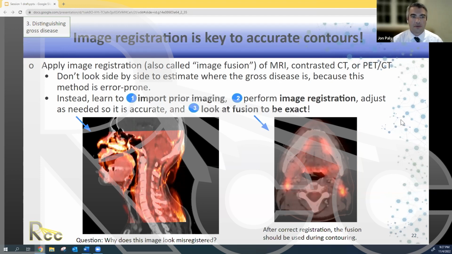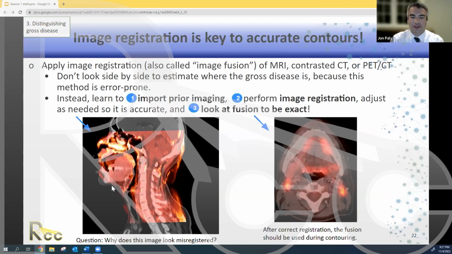So instead, as we're going to be talking about more, it's important to import your prior imaging, perform an image registration, and adjust as needed to make sure that the fusion looks good. In this picture here on the bottom left, I have a nasopharyngeal case where I've fused a PET scan to the planning CT. And I would ask rhetorically, why does it look like some of this scan is misregistered?